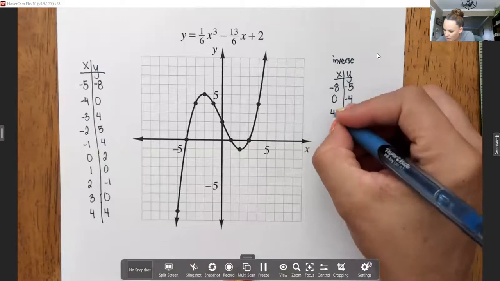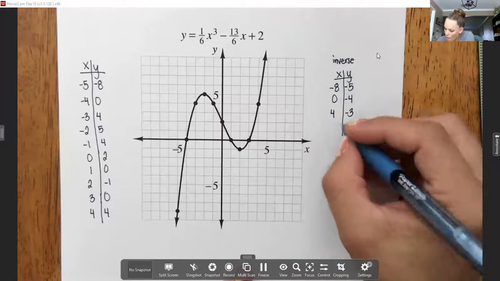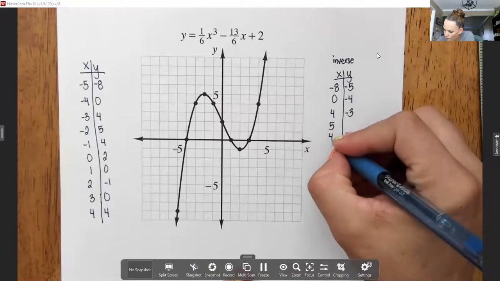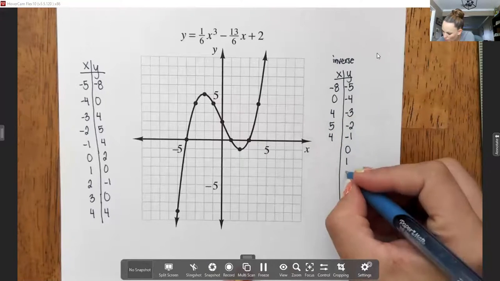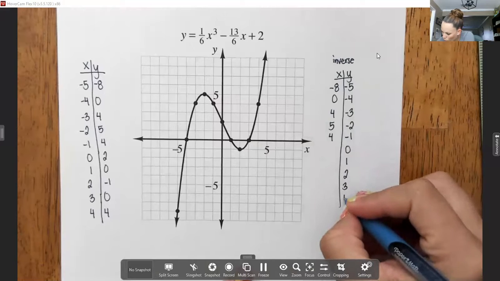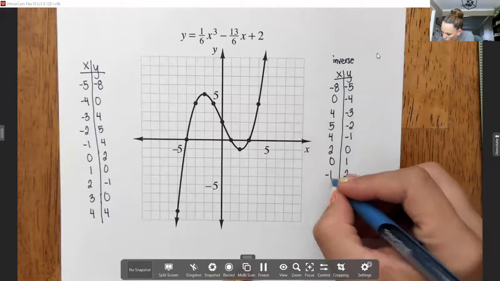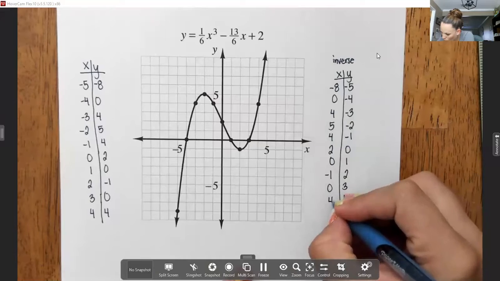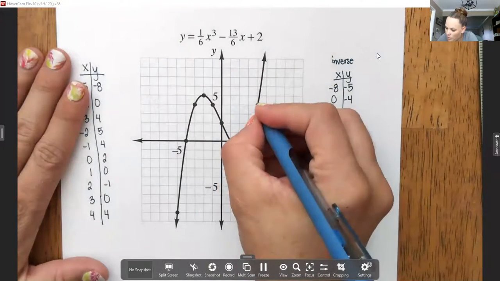So I'm just flipping all of these. And then go ahead and plot them.